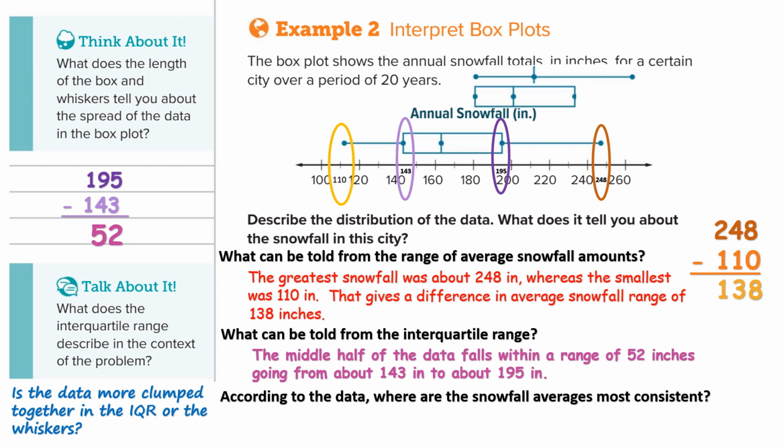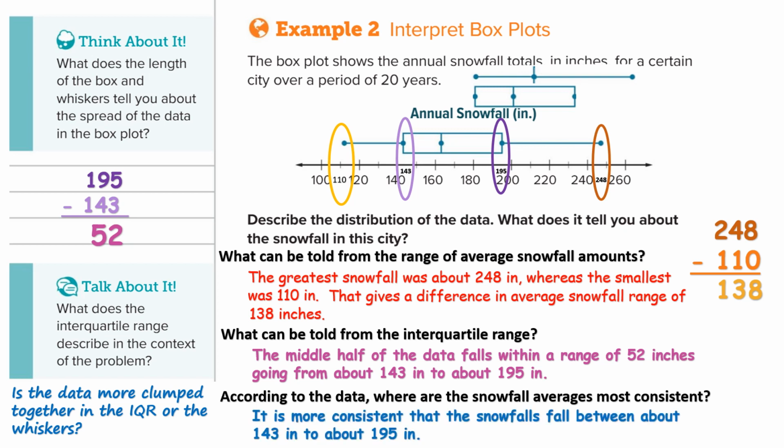So on this third answer, it's either going to be that the box data is more consistent, the interquartile area, or the whiskers are more consistent. And it just depends on which group is tighter or more clumped together. So I'm going to answer the third question in a sentence.